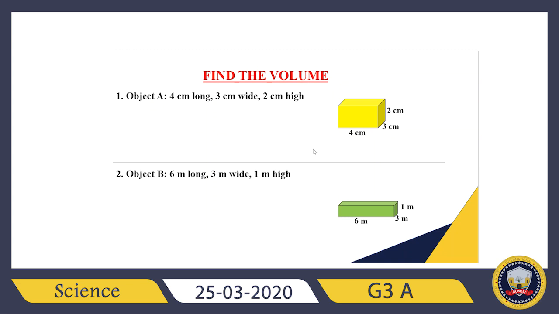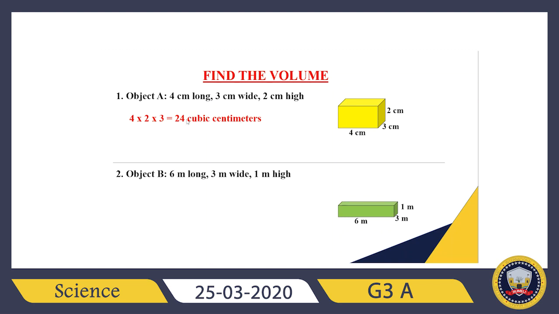How can I find the volume for object A? Good job. I need to multiply these 3 numbers, right? Okay, let's multiply it. 4 times 2, good job, 8. 8 times 3, 24. 24, I write cubic centimeters.